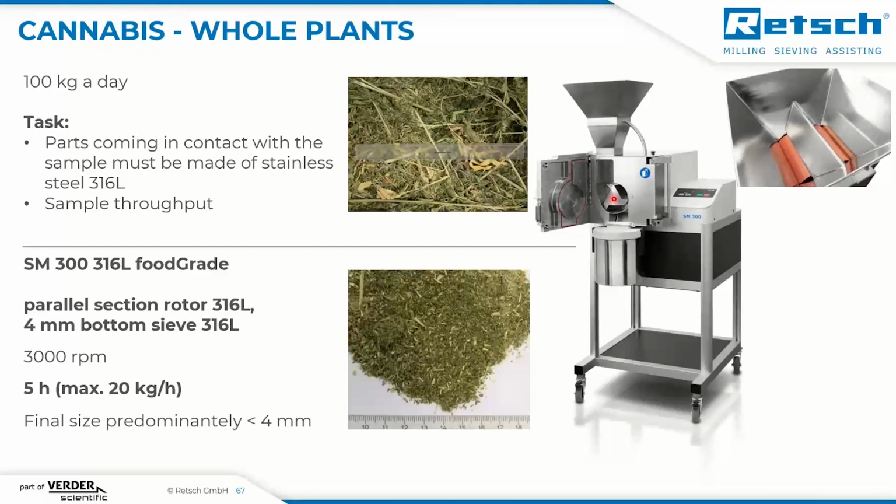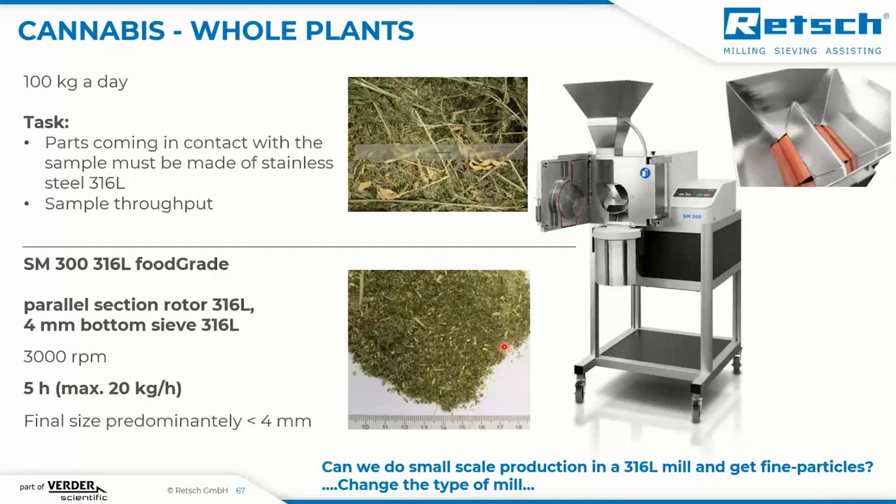So every touching part of this mill is 316L. And indeed, we were able to reach a throughput of 20 kg per hour. So in 5 hours, we were able to grind the 100 kg of this plant material to 4 millimeter size for small scale production.